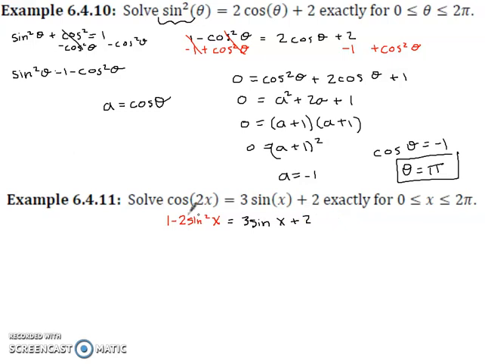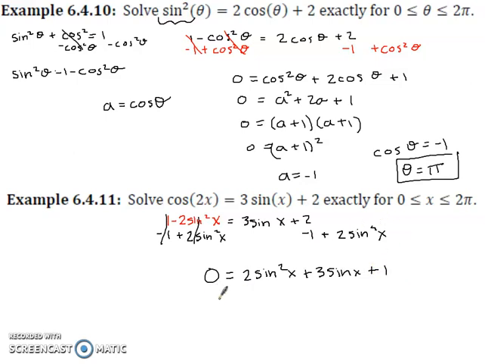Now I have everything in terms of one trig function, and I do see that there is a quadratic here. So I'm going to go ahead and isolate my sine function by factoring. So I move everything over to the right so that I have 0 on the left. I have a positive 2 sine squared of x, a positive 3 sine of x, and then 2 minus 1 is a positive 1.